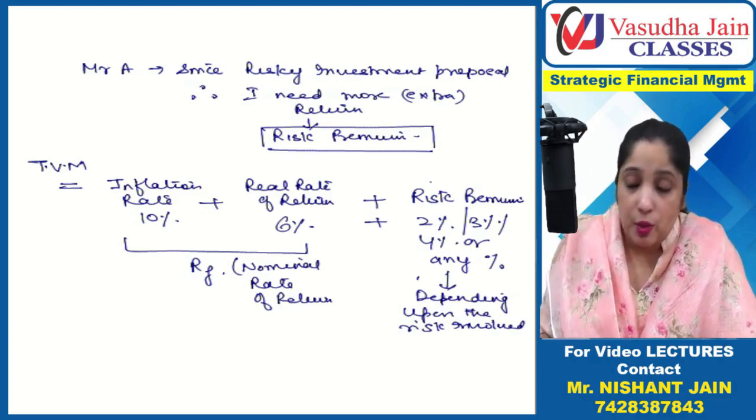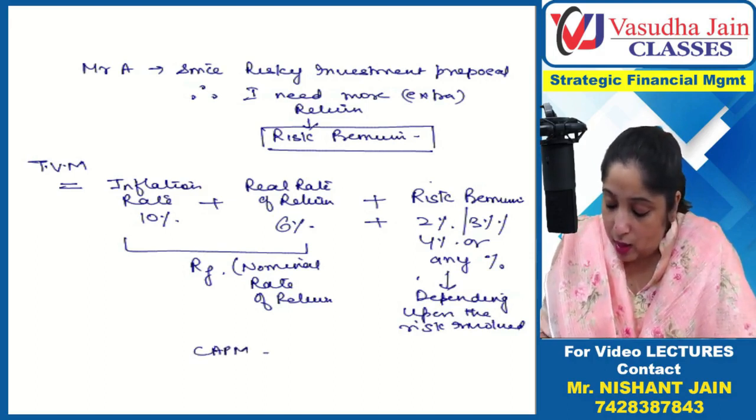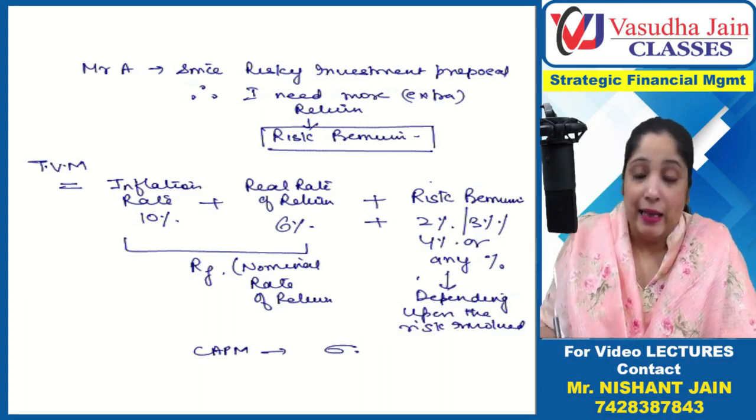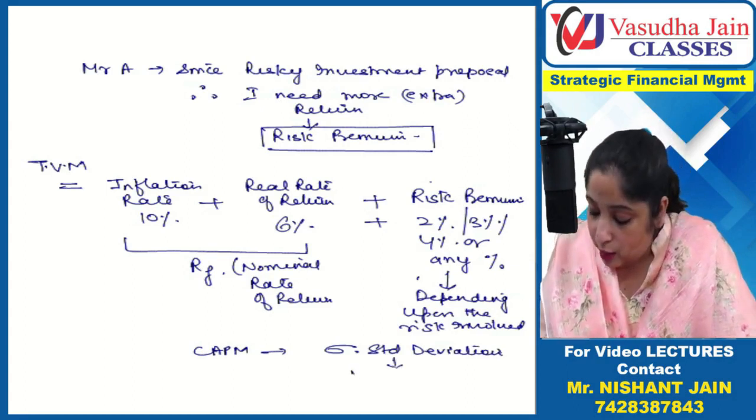Now, how much additional return I should get? You know very well, you have learned the CAPM model. First of all, you need to compute the standard deviation. We are going to learn this in this chapter also. Standard deviation is a measurement of risk.